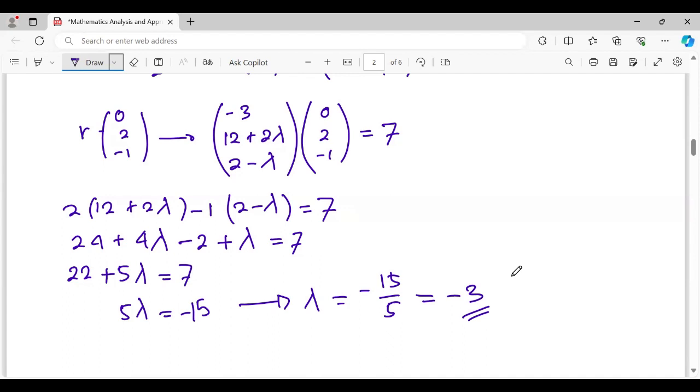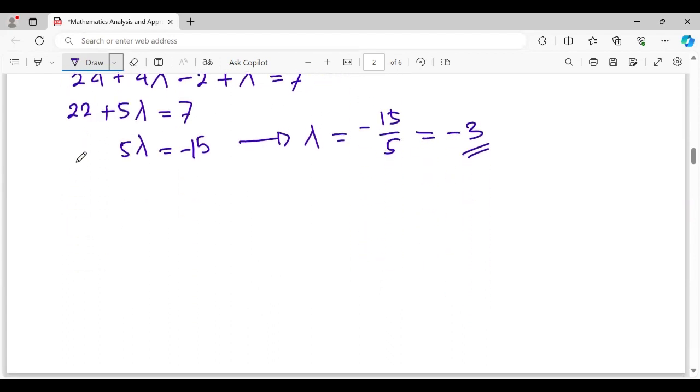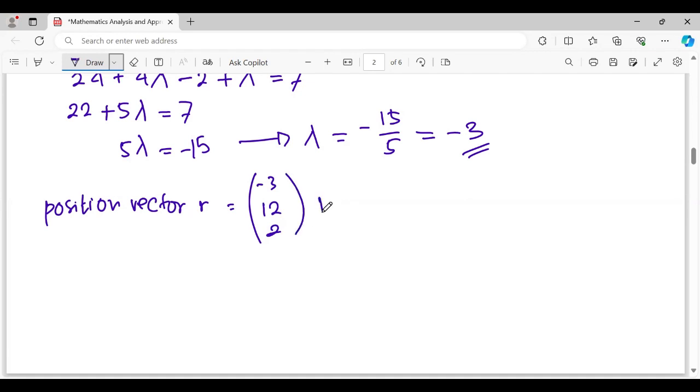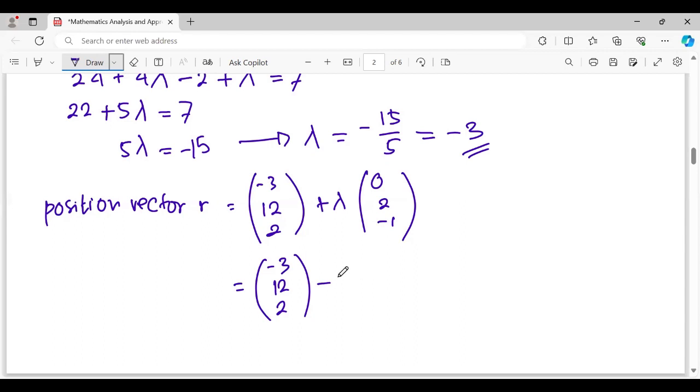And the position vector r equals (-3, 12, 2) + lambda (0, 2, -1). Lambda equals -3, so it's (-3, 12, 2) plus -3 times (0, 2, -1).